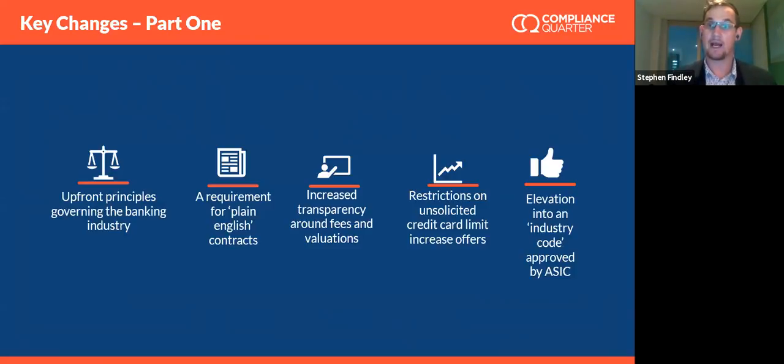What approval by ASIC means is that it's been approved under the Corporations Act as a code meeting certain criteria, including, for example, a requirement that it be reviewed every 3 years, a requirement that there be monitoring and enforcement of the code, and so forth. So this is, in some sense, formalising the existing code.